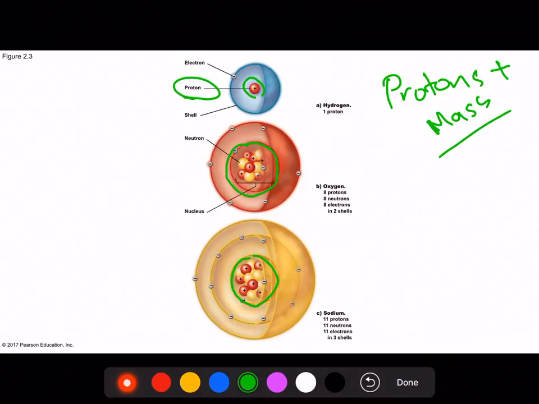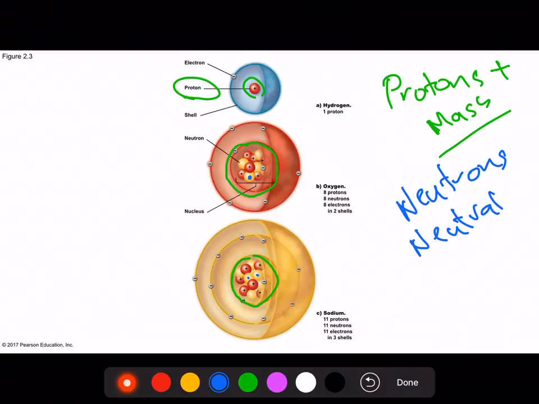Also there are these yellow balls. These are called neutrons. Neutrons are neutral, meaning they don't have any charge. There is no charge with them.